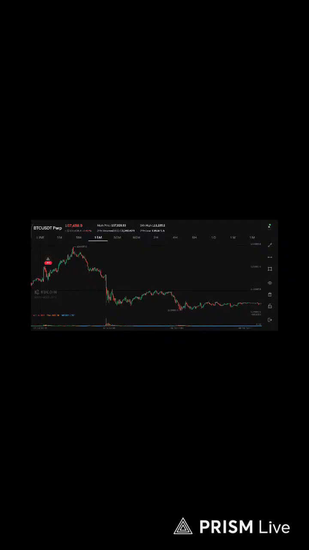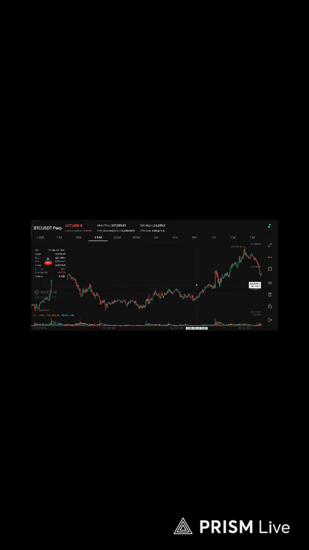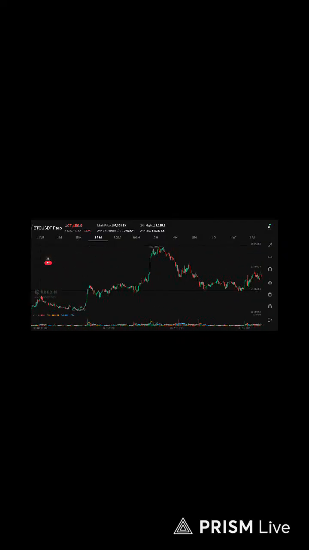I think, where did I see it? Gravestone Doji candlestick.